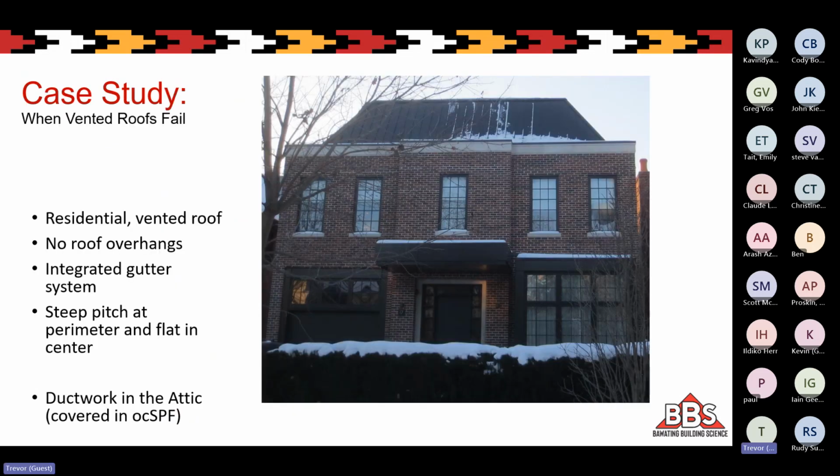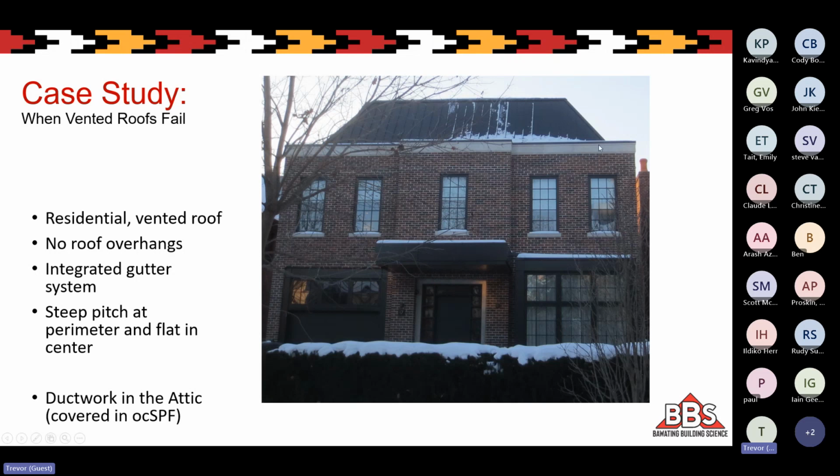So I'm going to show you a case study now of when a vented roof fails. This is the type of house that I sometimes work on in Toronto. This is a very common design approach for some reason in some neighborhoods in Toronto. This is a residential roof. This is a vented roof, but this is just the roof section up here. There are no overhangs on the roof.